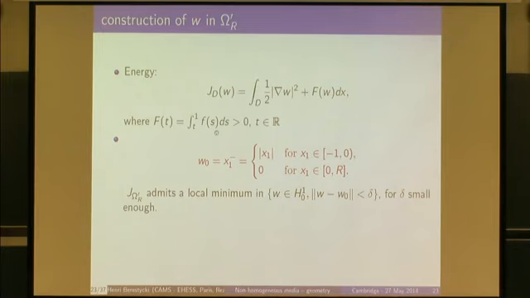So it's plus f(w) here, and if you look at what F is, you can see that if epsilon is small enough, you can prove that this functional has a local minimum, among functions whose value is 1 on the left-hand side and otherwise unrestricted.